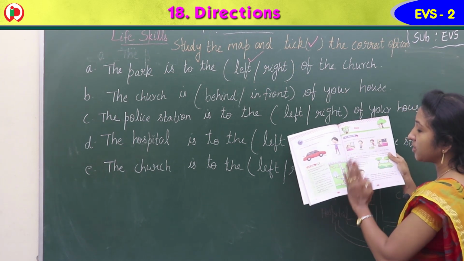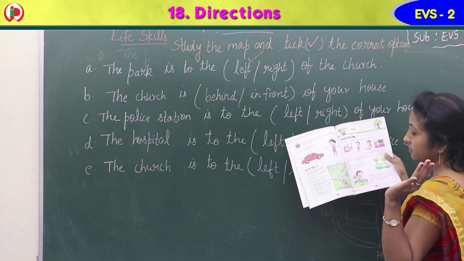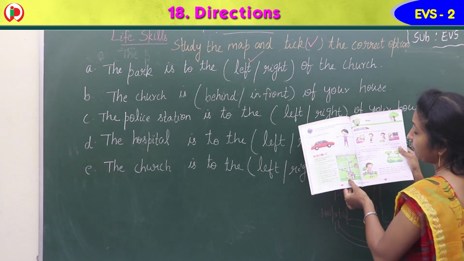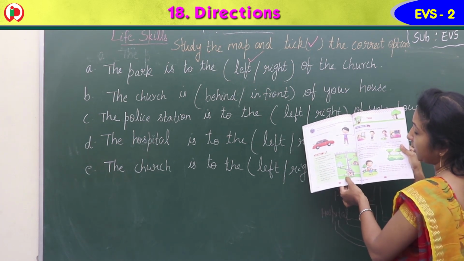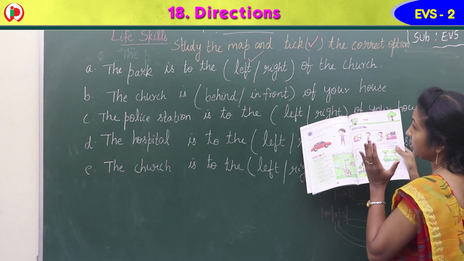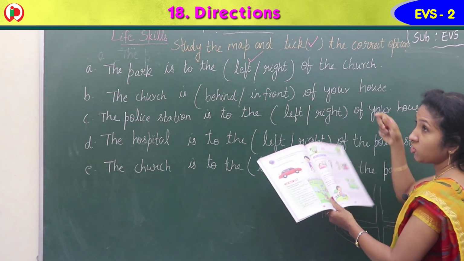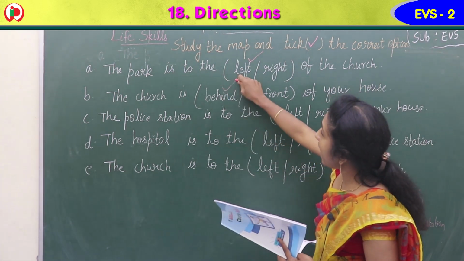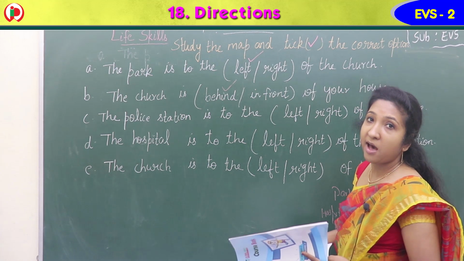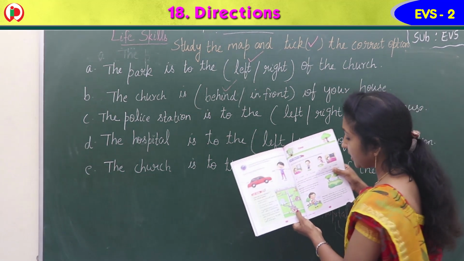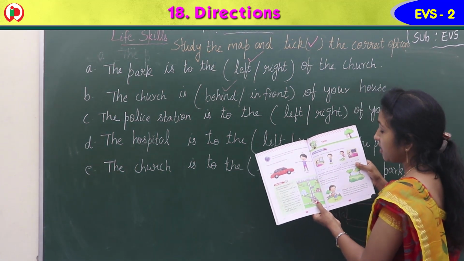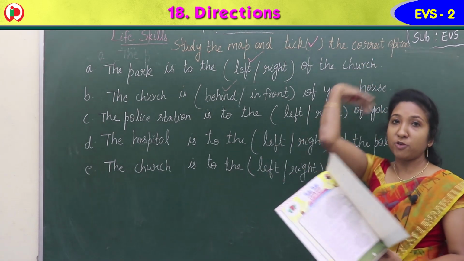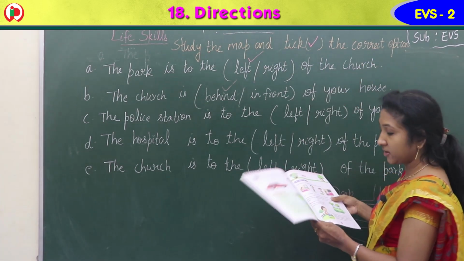In front of your house there is no church. This is the front part of your house. If you are in the house, then you can see the church behind. The church is behind your house, isn't it? You are in the house, so behind you is the church.